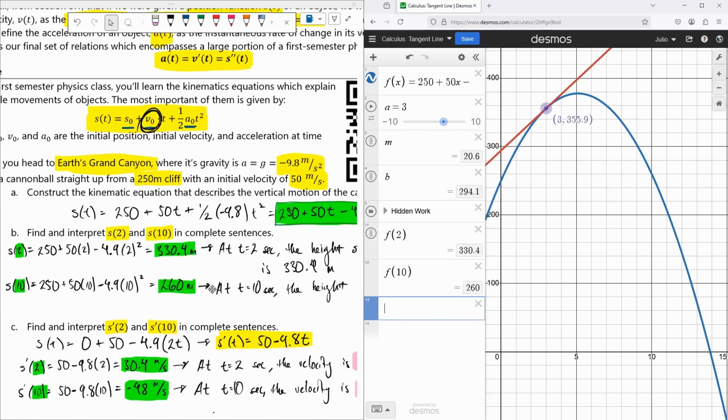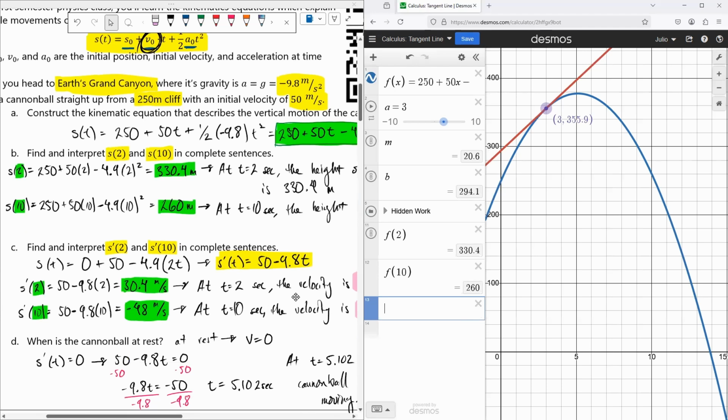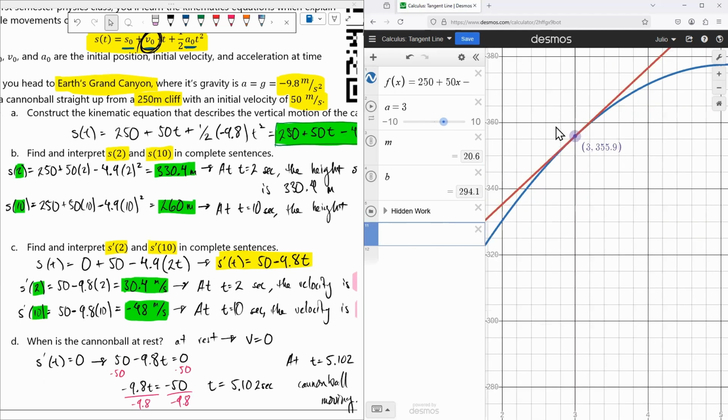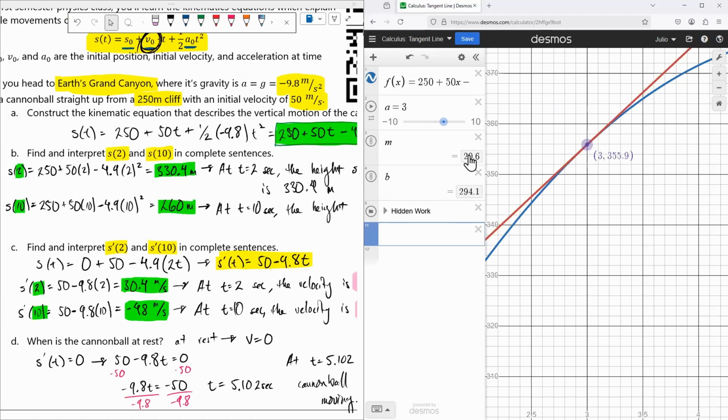Okay, now for C, that's where the QR code comes in real handy. I want to find the slope of the tangent line at 2 and the slope of the tangent line at 10. That's what this calculator actually does. You guys see this A value that's right here. This is that point, and if you guys, let me zoom in, it's doing the computation for the slope of the tangent line, and it's giving you the slope.